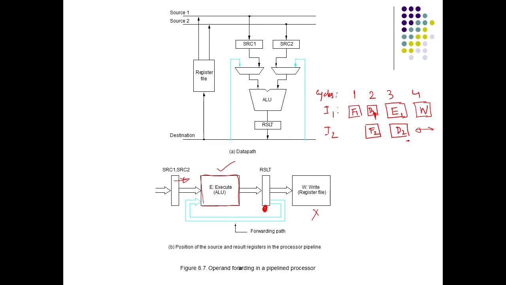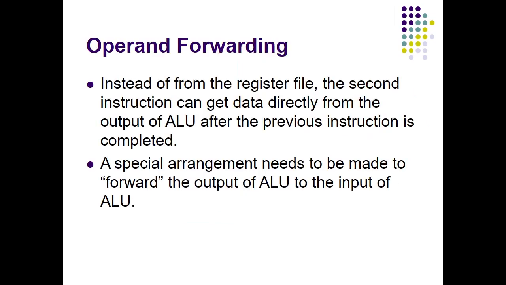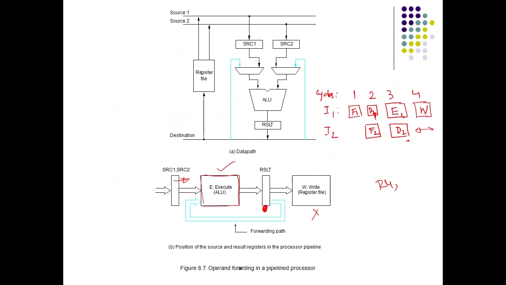There are 2 operands, R4 and R5 for the second instruction. Here R5 is there, R4 you cannot bring because it is not written, but whatever result will be written to R4 is available here.